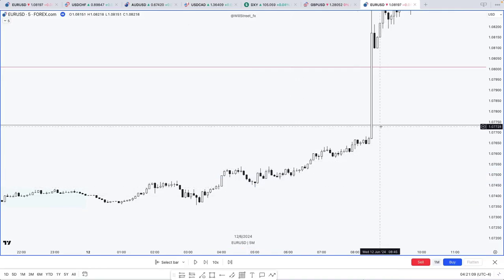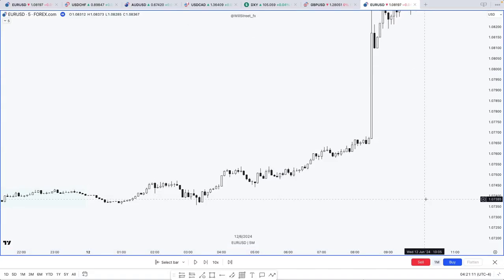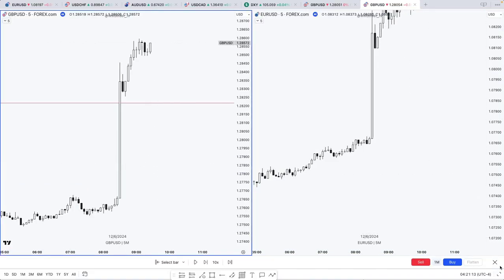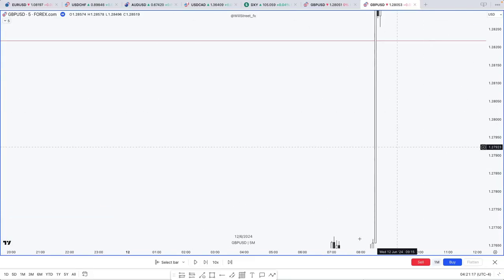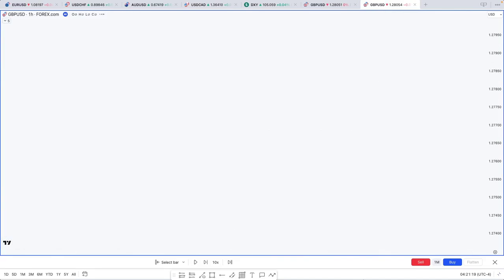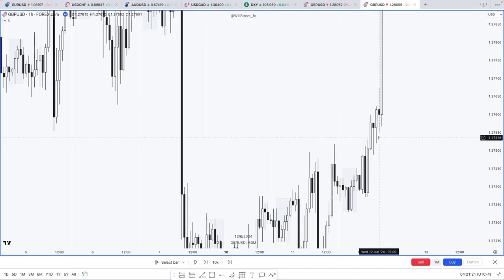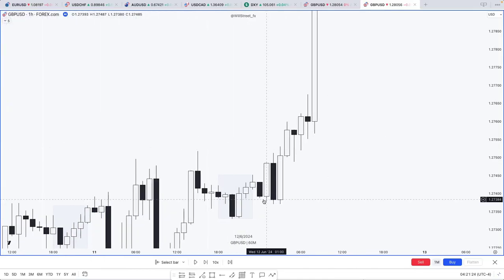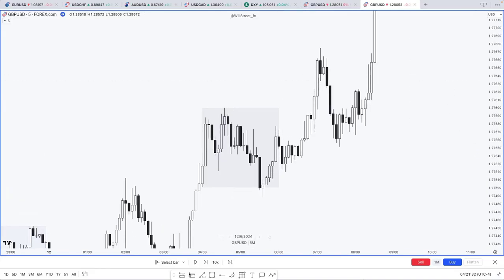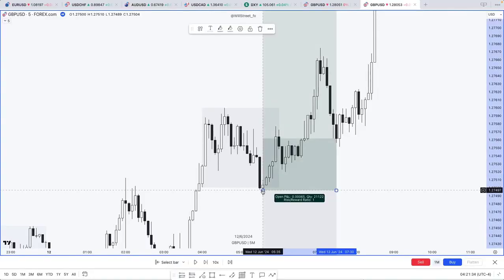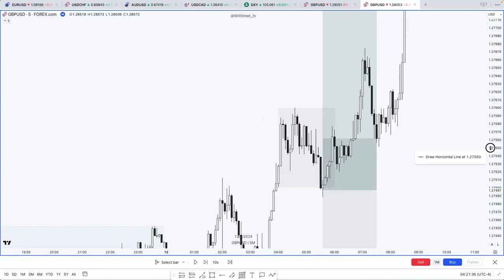So I took that trade in EU, and I also took a trade on GBP, which was that. It creates exactly the same R, which is a pending. And I entered it in the turtle soup. This is the most optimal entry, as I like.